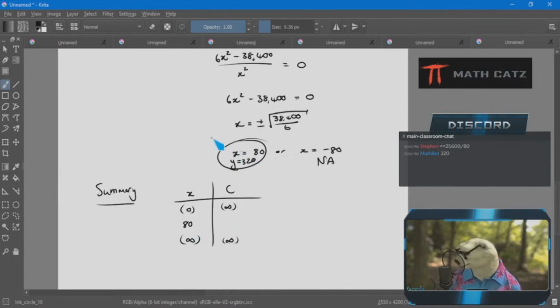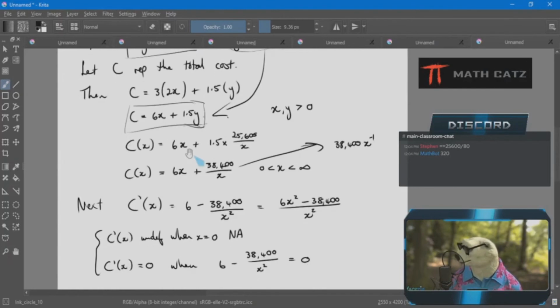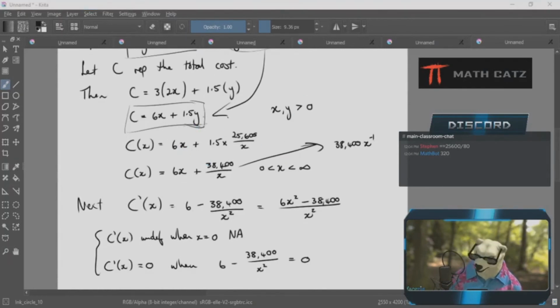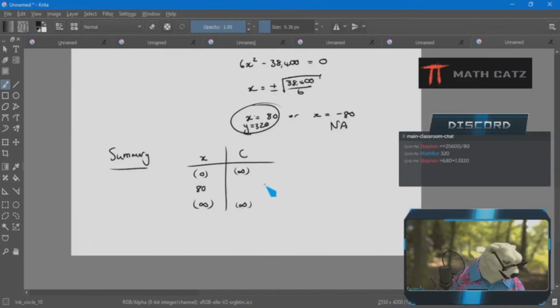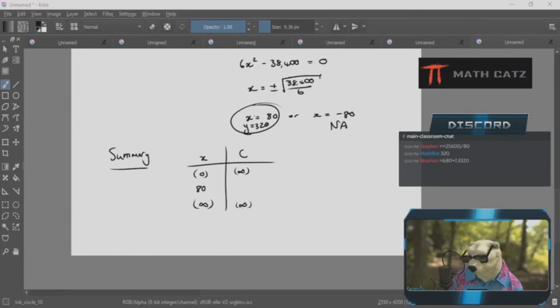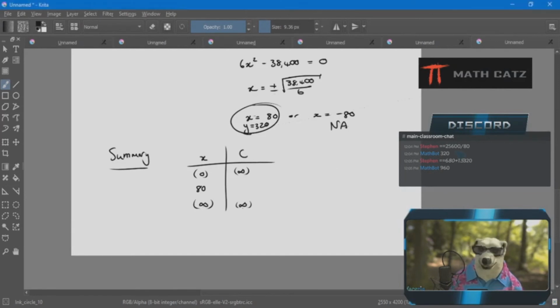And then I can go back to my cost here. I want to pick the simplest calculation. And the sort of original version of the cost is nicest. So I have 6 times 80 plus 1.5 times 320. And so we get, oh, I need 2 equal signs. Right. $960.